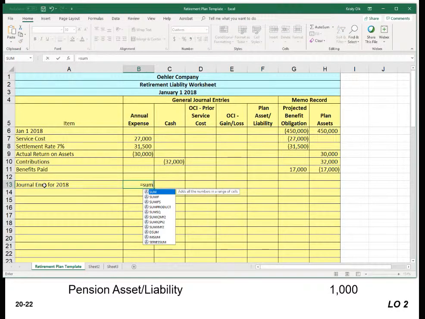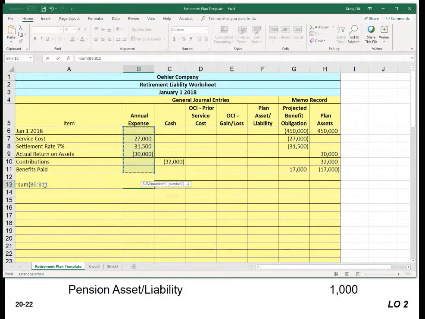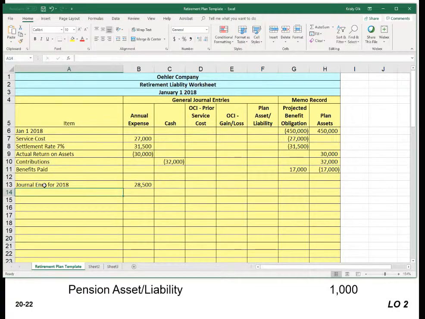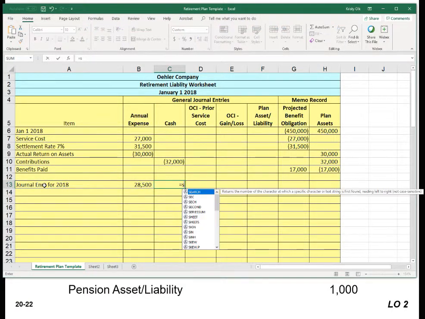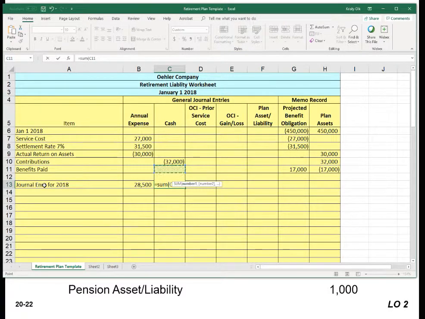So we will take the sum of this column, and that is a debit at $28,500. Sum of this column, which is a credit at $32,000.